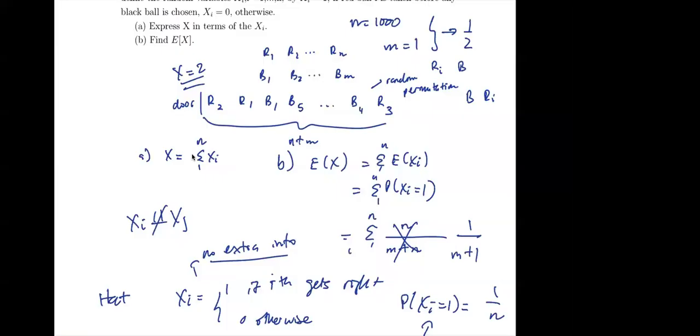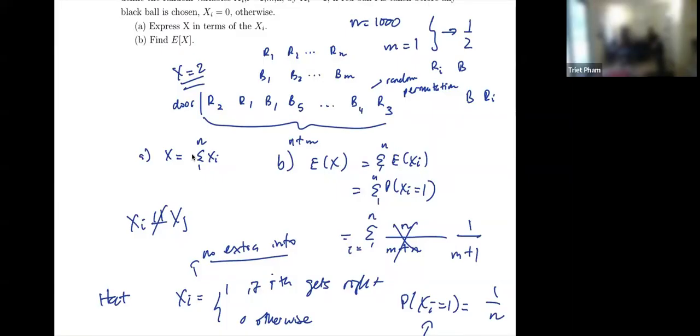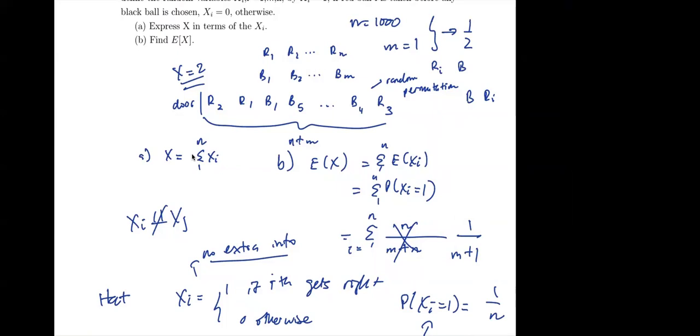That's algebraic thought, but it actually makes sense in terms of logic too. You are one particular red, and you ask what's the probability you will come out before all the m blacks? Probably it's 1 over m plus 1. Yeah, that makes sense.